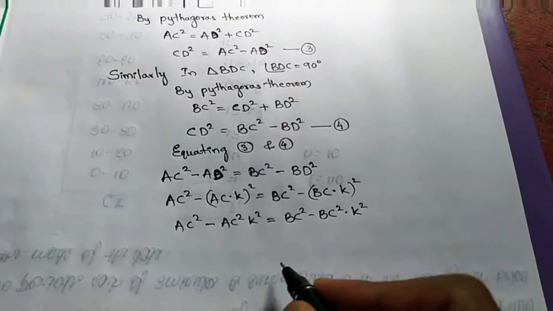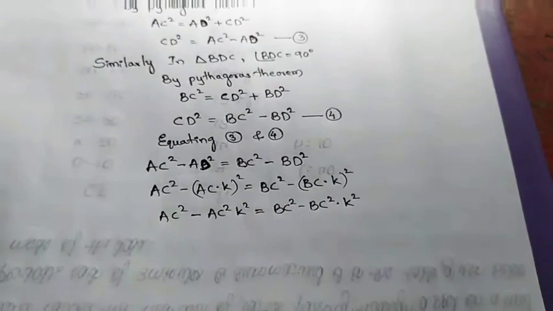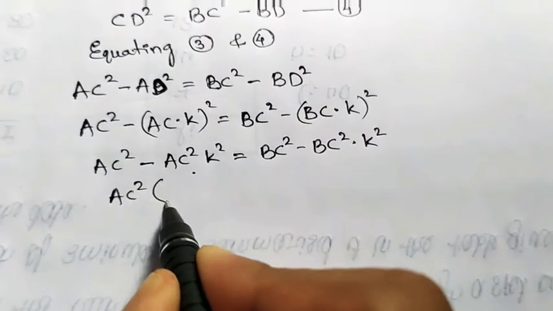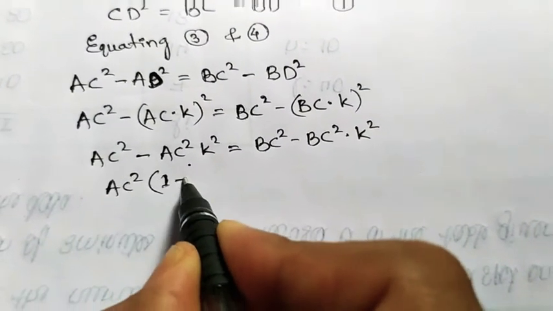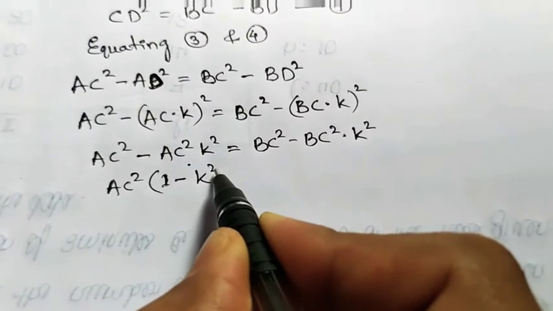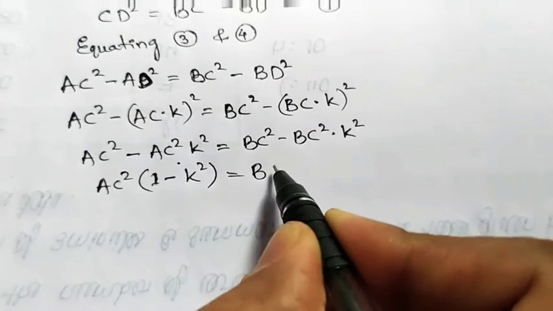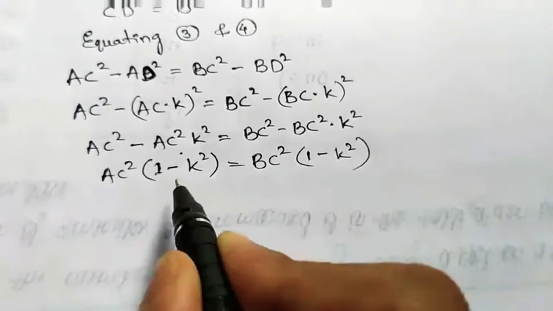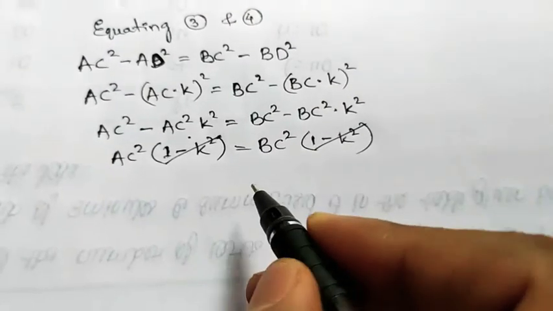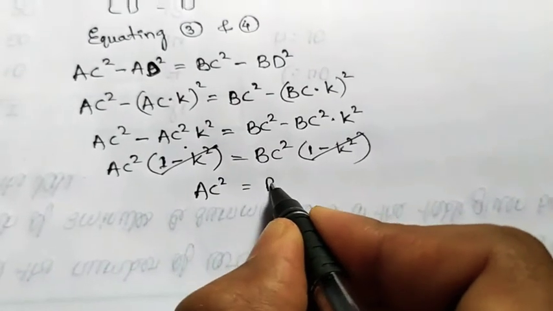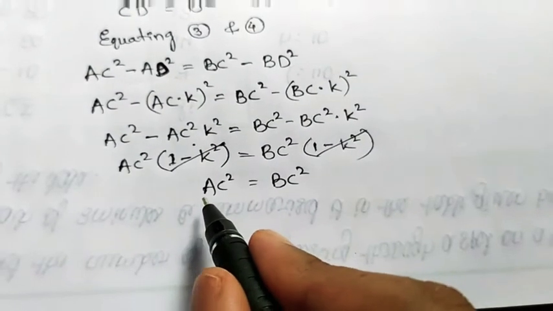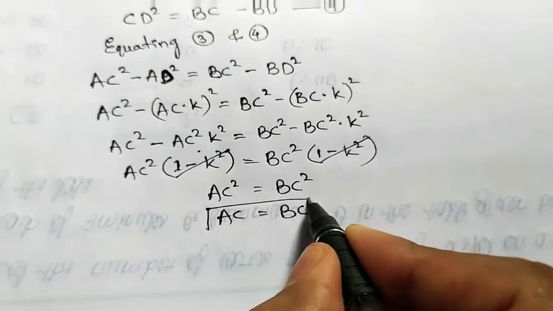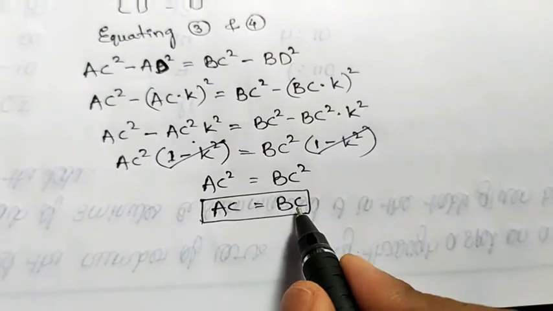Now taking AC square common, what is left? AC square into 1 minus K square equal to, if I take BC square common, BC square into 1 minus K square. This 1 minus K square and 1 minus K square get cancelled. AC square equal to BC square, so taking the square root, we get AC equal to BC.